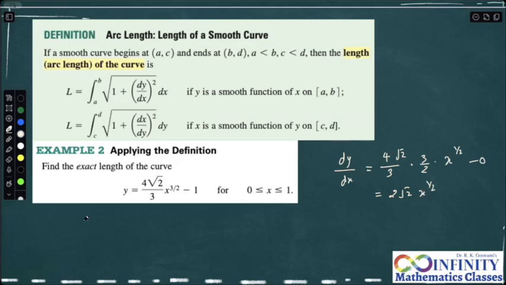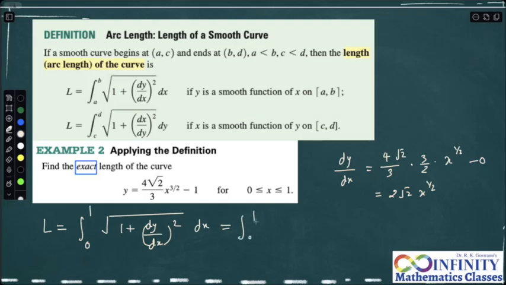Now, based on that, what is going to be the length of the curve? And remember, they are asking for the exact length. That means no approximation. You will not be using the calculator this time. So what is the range? 0 to 1 of the square root of 1 plus dy over dx whole squared, integrating with respect to x.